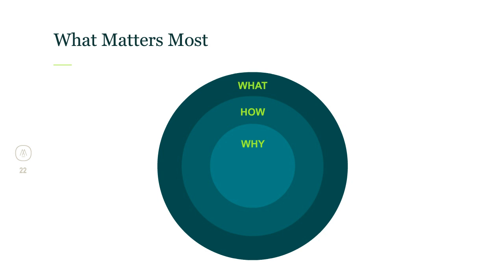Hopefully, we have a good understanding of how we do it, what our differentiation is, whether it's quality or cost or speed or whatever. But really what people care about is why your organization exists. What is it really trying to accomplish? And if what you do, the why, resonates with your employees, then that's where you're going to get high engagement, high buy-in, because they're invested in what you're trying to accomplish.